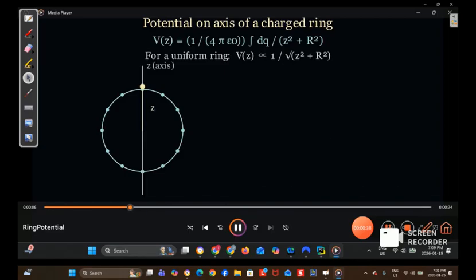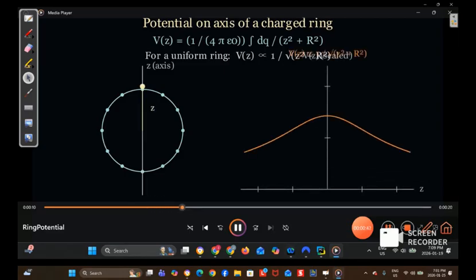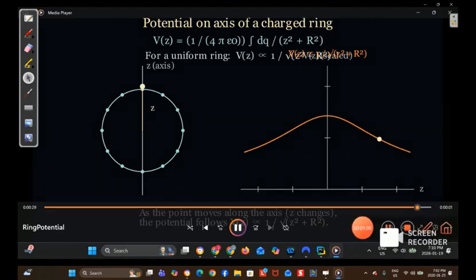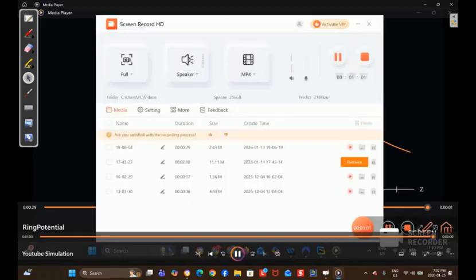So again, as you can see, as the particle is moving up and down on the z-axis for the uniform charge ring, as the particle moves down on the z-axis, it's actually going upwards on the axis of the right-hand graph.